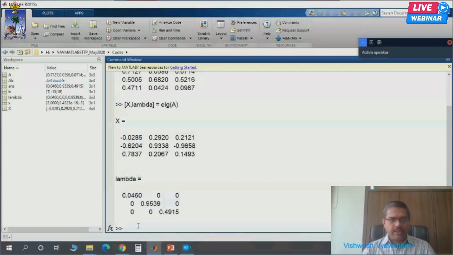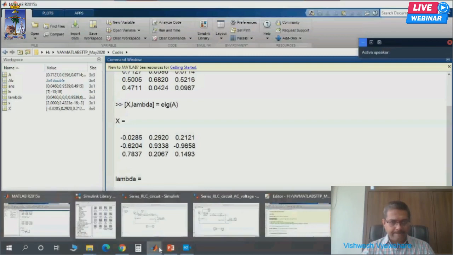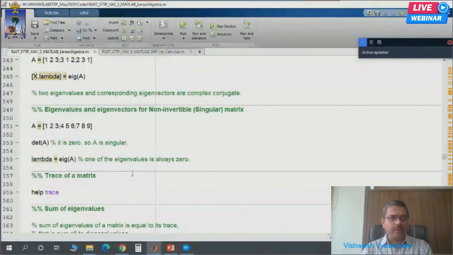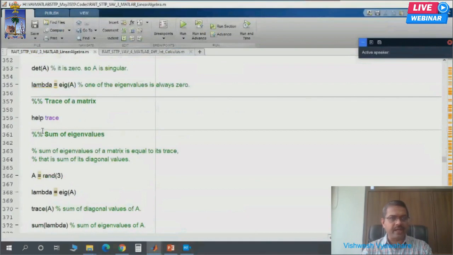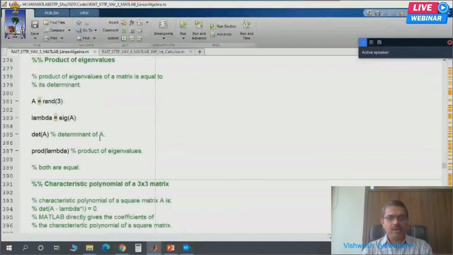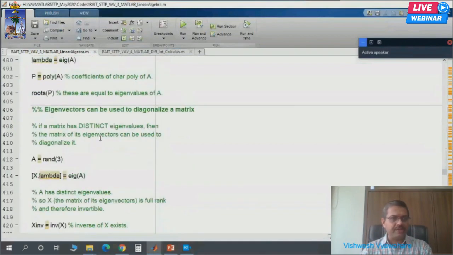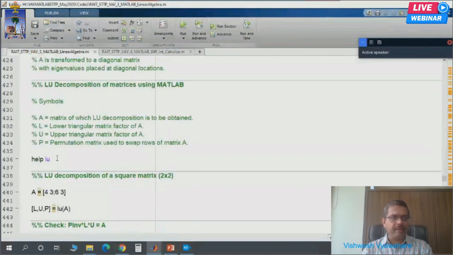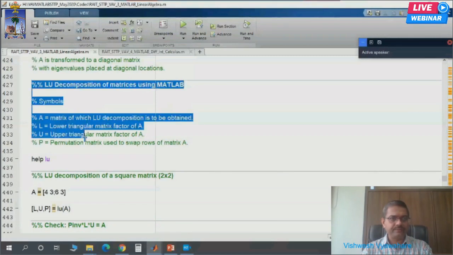Next, let me show you just one decomposition which is available here. Let's take the LU decomposition, because we can also go into eigenvalues and eigenvectors, trace, the product of eigenvalues, and characteristic polynomial. LU decomposition is a simple one.